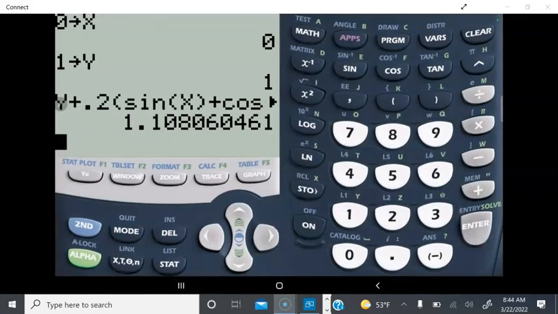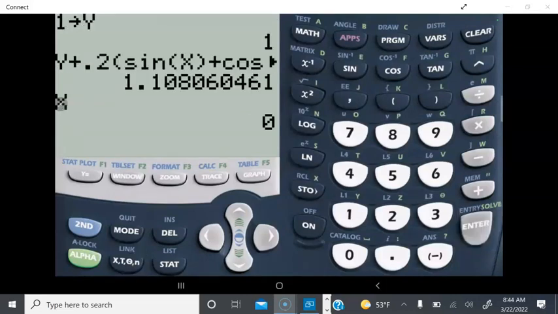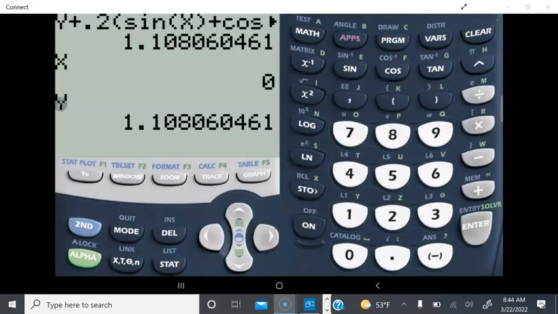So does that make sense? Now I do have to change x. Unfortunately, there's nothing right now that has changed x. As far as the calculator is concerned, x is still 0, but y is now that new value.